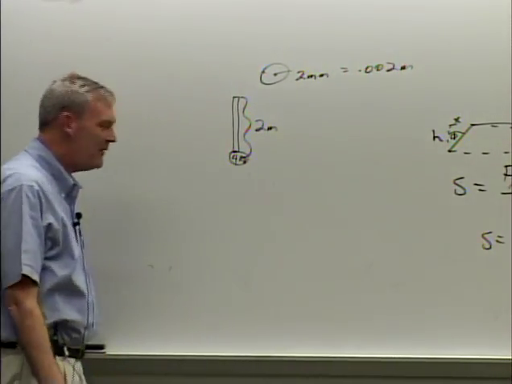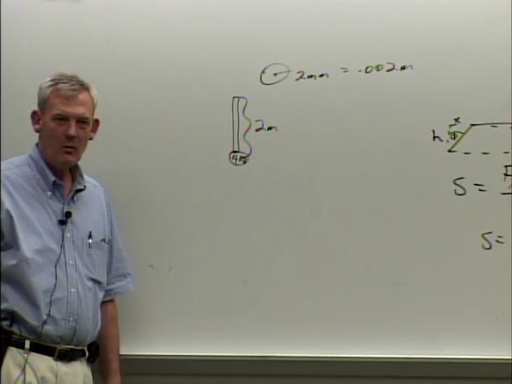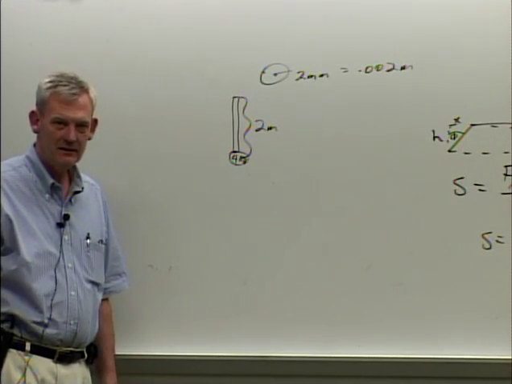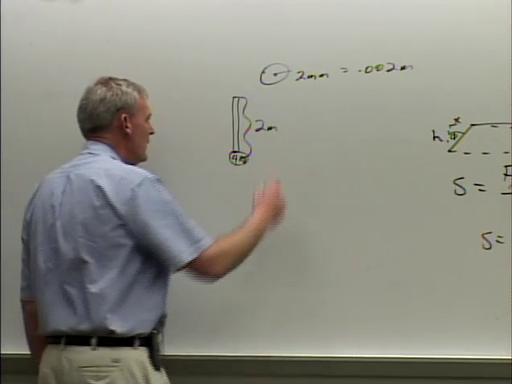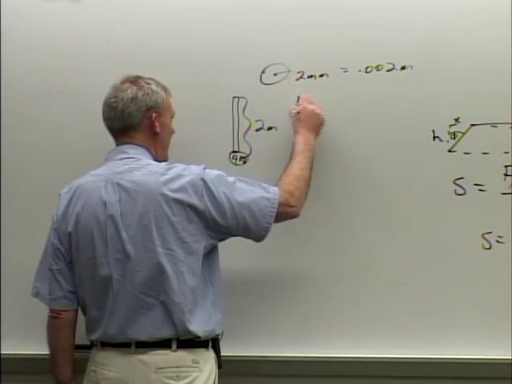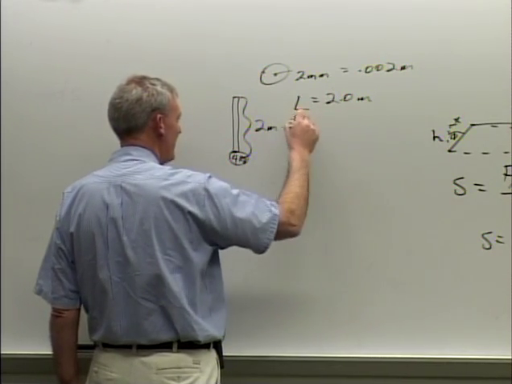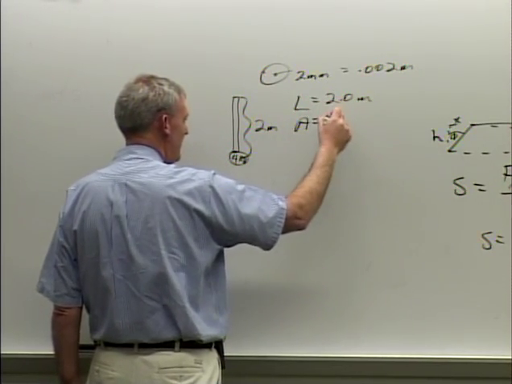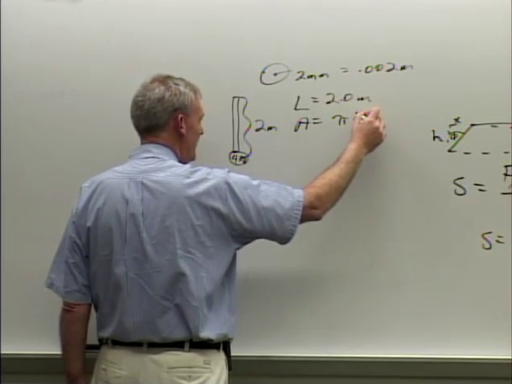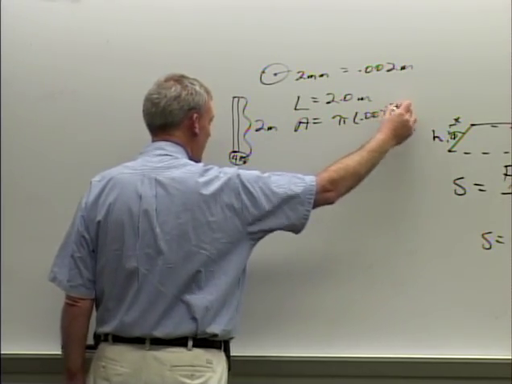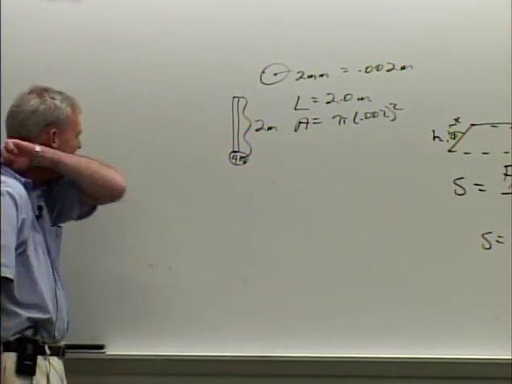They want to know how far it's going to stretch. What are we looking for here? Let's see. We know L is 2.0 meters. We know A is going to be pi times 0.002 meters squared.